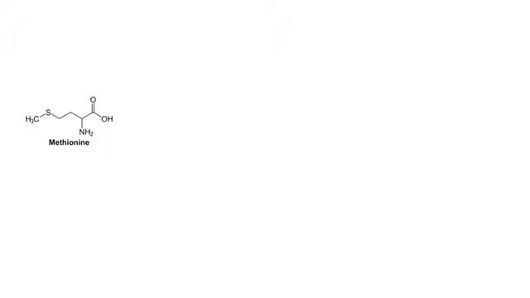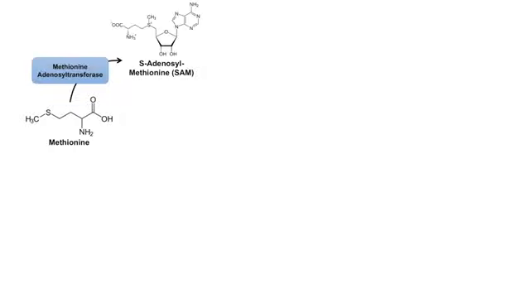So we begin with methionine, and methionine can come from a dietary source like protein. Remember that it is an essential amino acid, and methionine is special in that it is one of only a few amino acids that contains sulfur in its structure. So if we want to start metabolizing methionine, we need an enzyme known as methionine adenosyl transferase.